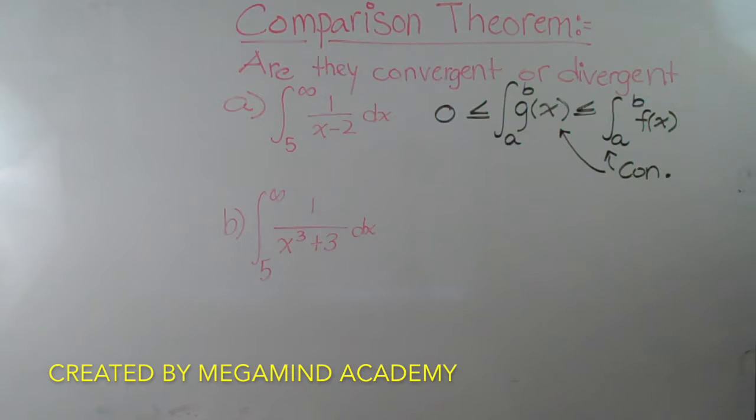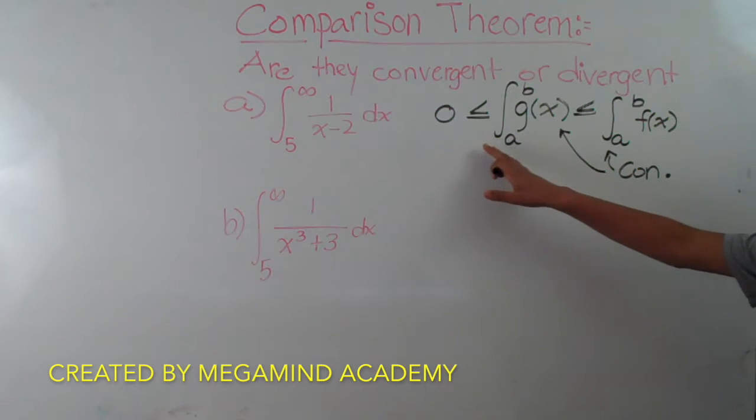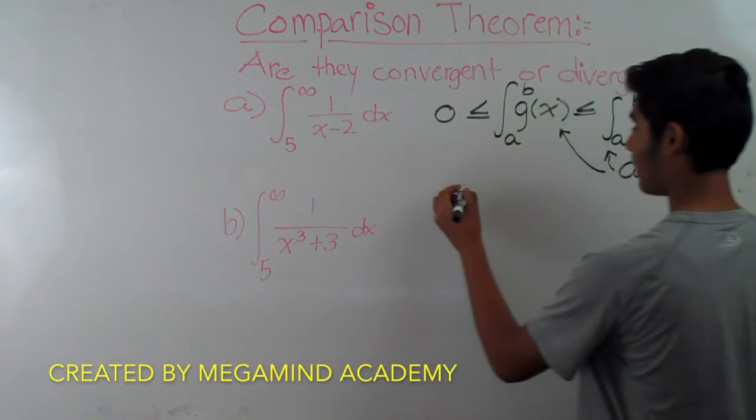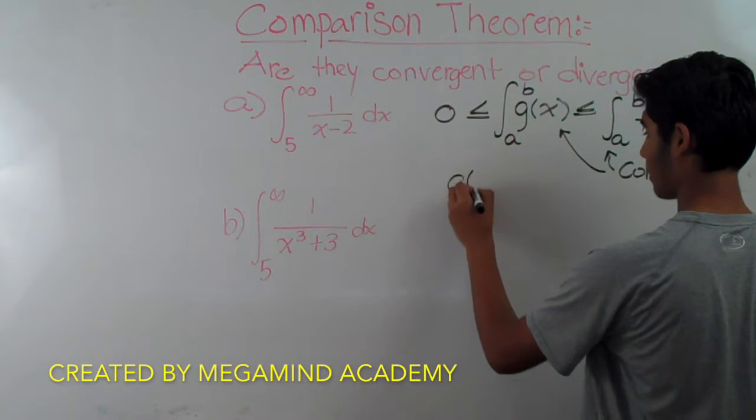So the three conditions are that g of x has to be greater than 0 on the interval from a to b, it has to be less than f of x on the interval from a to b, and the integral from a to b of f of x has to be convergent. If all three of those conditions are met, then the integral from a to b of g of x is also convergent.